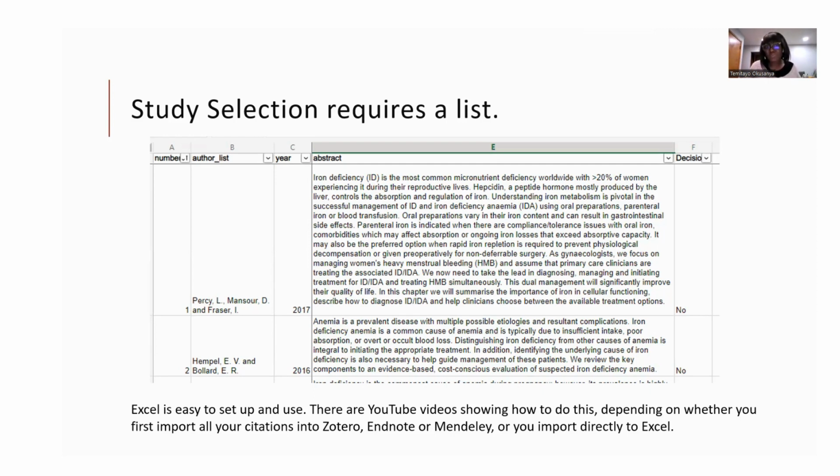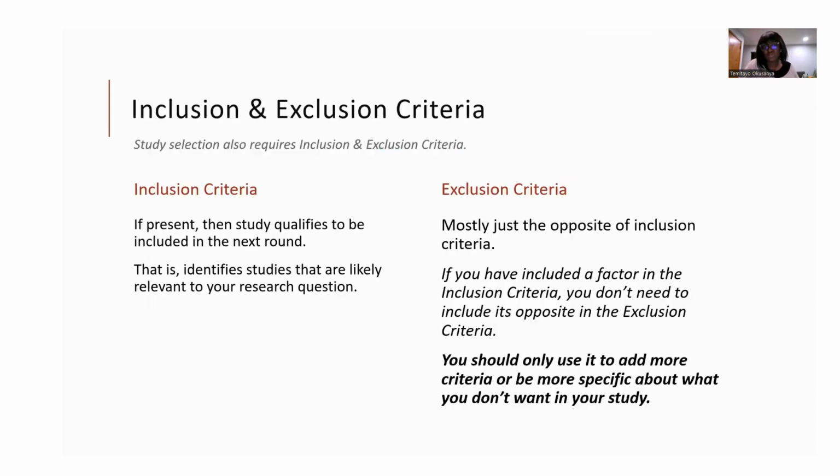For this first step, I want to take the author's names or the title, the year the study was done, and a brief abstract. You decide from looking at it quickly: do I want to include this study or not? That's where you make a decision of yes or no. There are other ways you can decide to do this part. You don't necessarily have to use Excel. It's just that Excel is very easy for this.